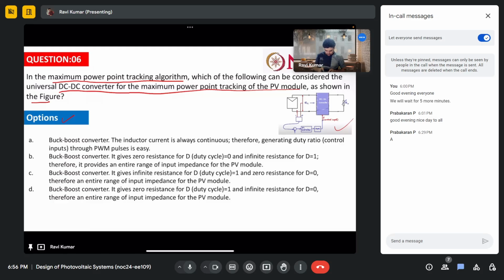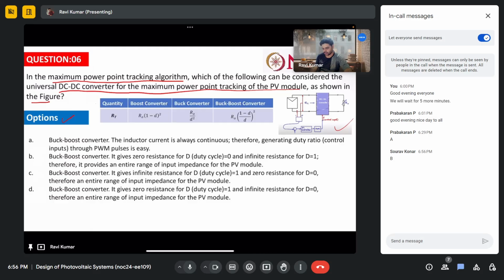A, B, C or D? B. Saurabh said B. Saurabh said buck boost converter. It gives zero resistance for duty cycle 0 and it gives infinite resistance for D equals to 1. Okay, I am giving you the relations. Check if what you are saying is right.